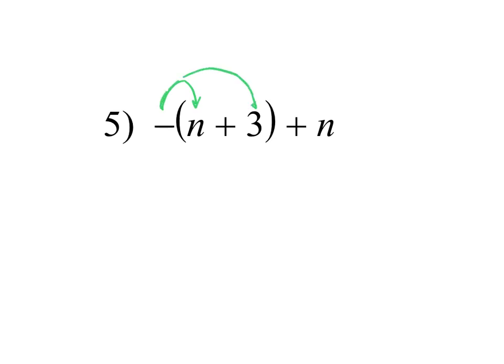So this becomes a negative n and a minus 3. What happens when we combine negative n plus n? They cancel out. And then we're just left with negative 3.